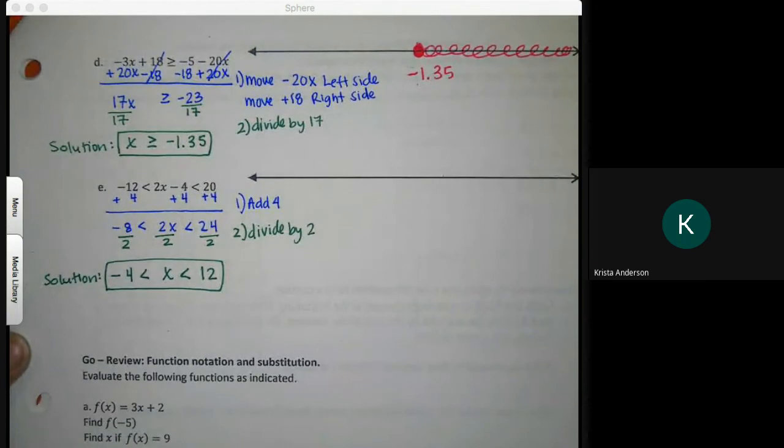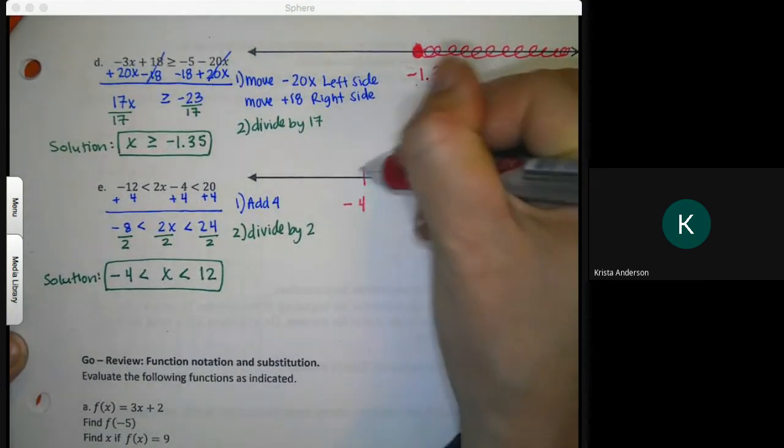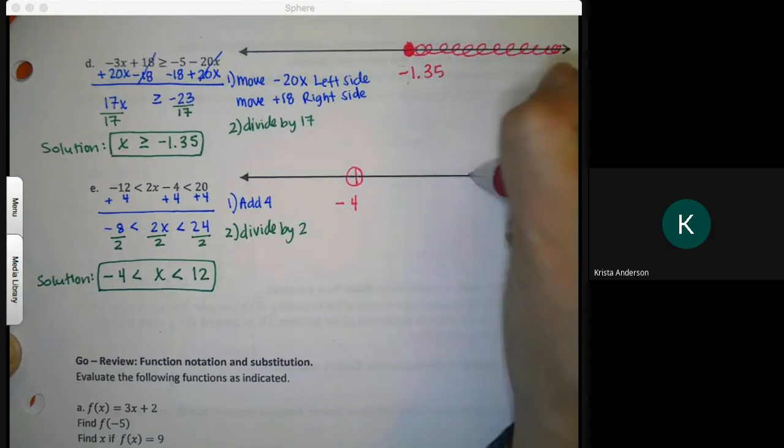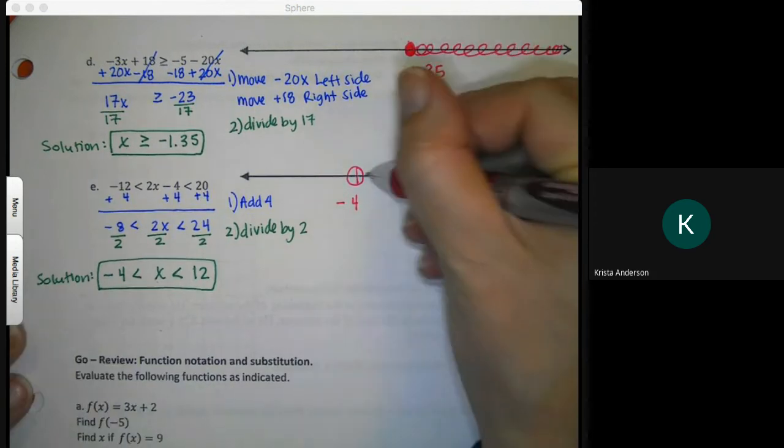When I graph it, I would have a point at -4 that is open. And I would have a point at 12 that is open. And I would shade where? Where? I heard somebody say it. Where? Between, yes.